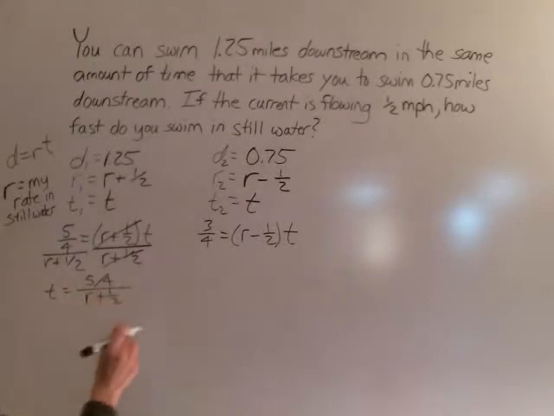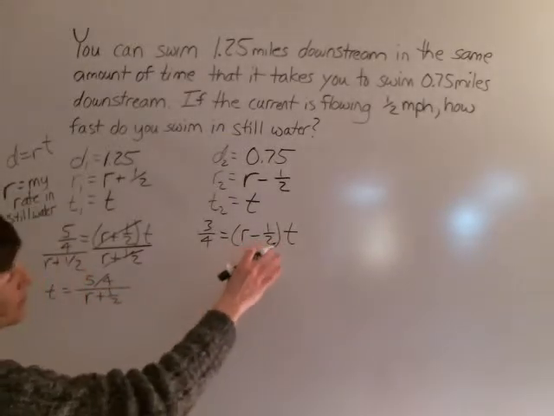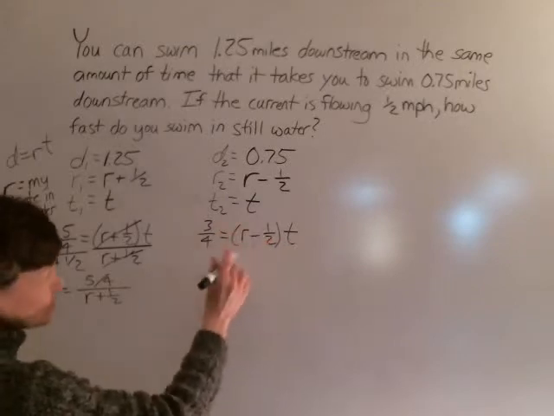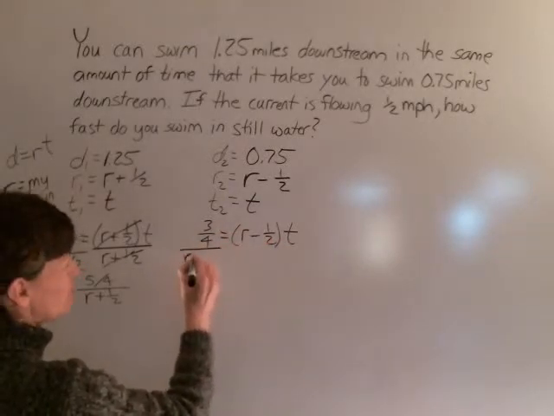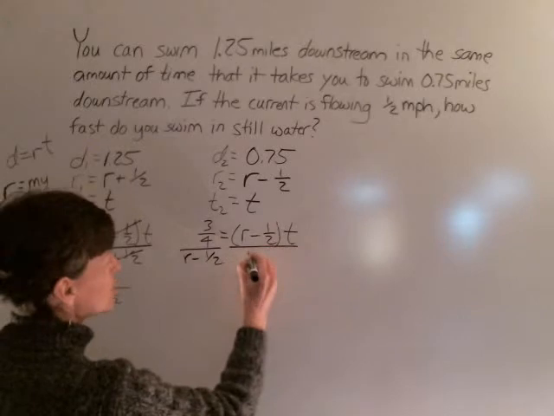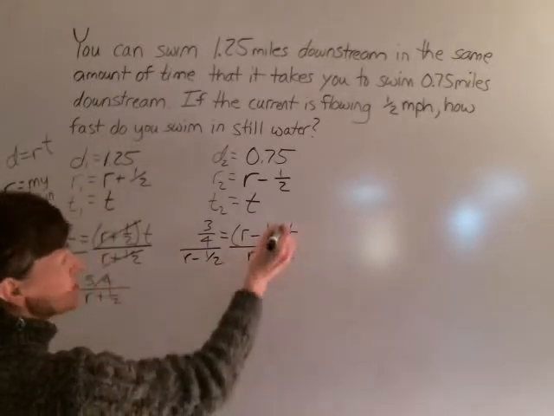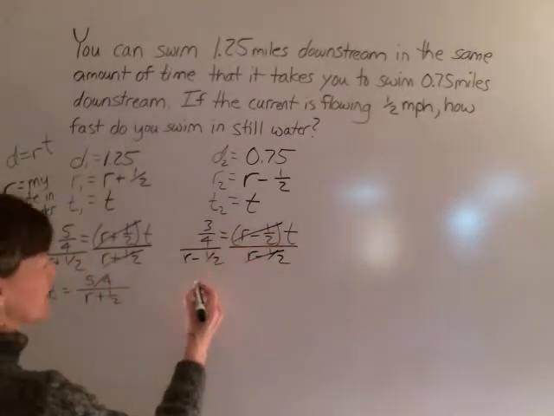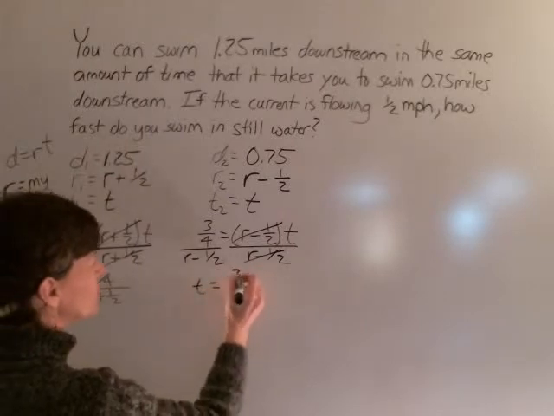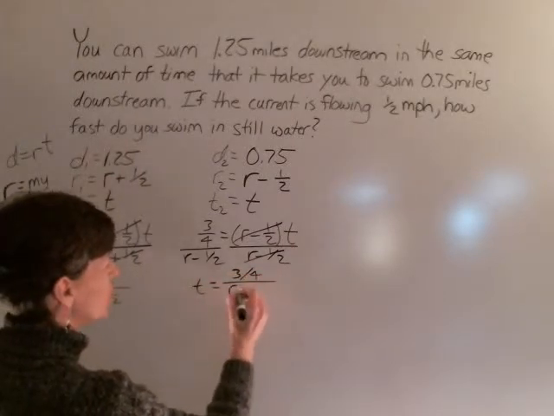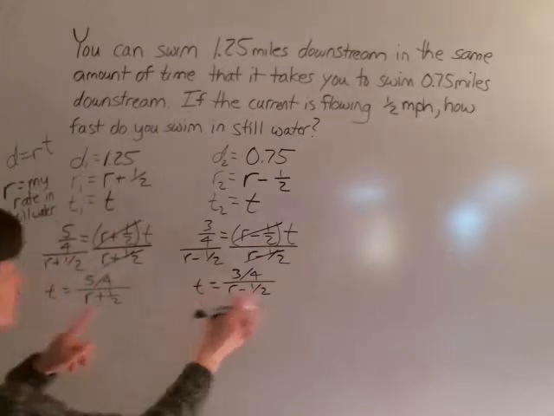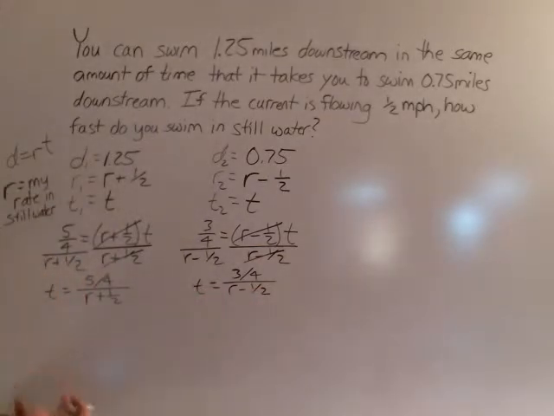Now I'm writing it this way just briefly. We're going to clean it up. All right, now over here, when I solve this for T, same thing, dividing by R minus 1/2, and I get that T is equal to 3/4 over R minus 1/2. Since both of these are equal to T, then they equal each other.